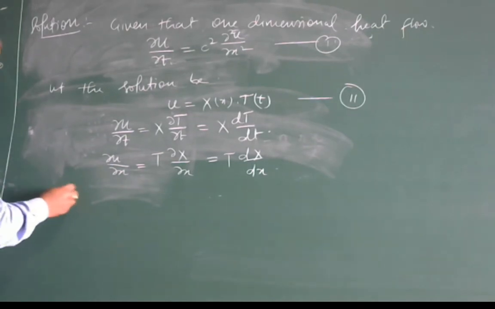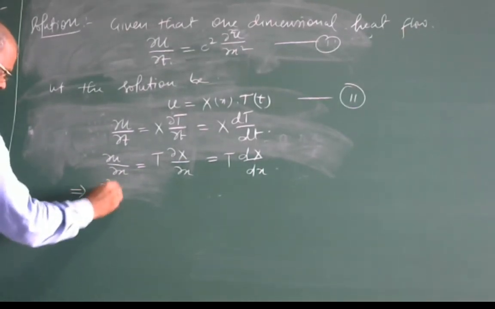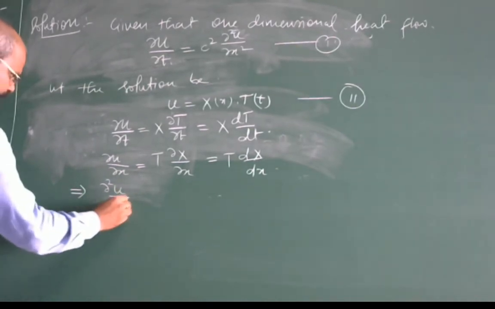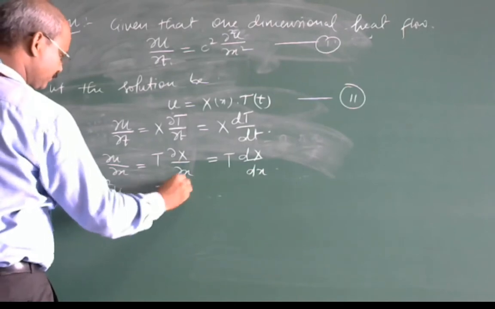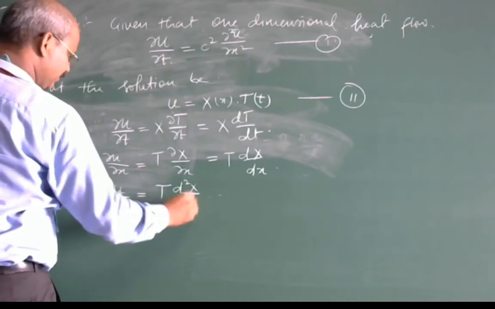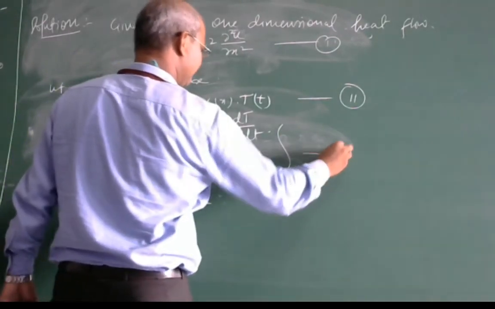In this way we can find del 2u upon del x square equal to T d2X upon dx square. This is equation number 3.